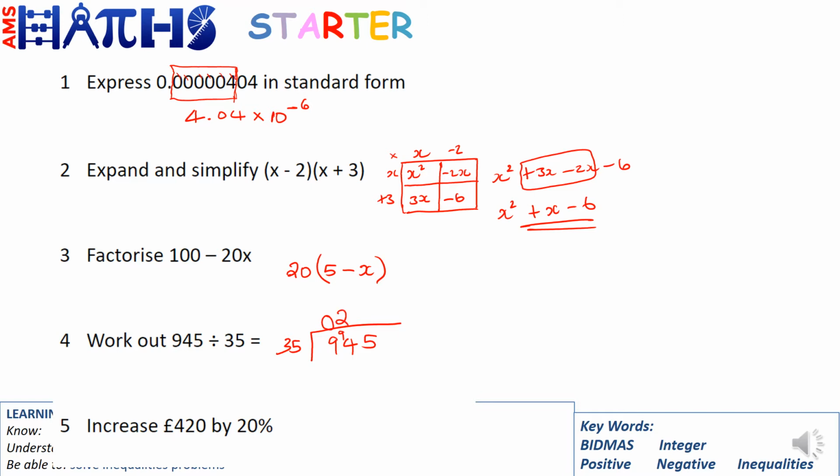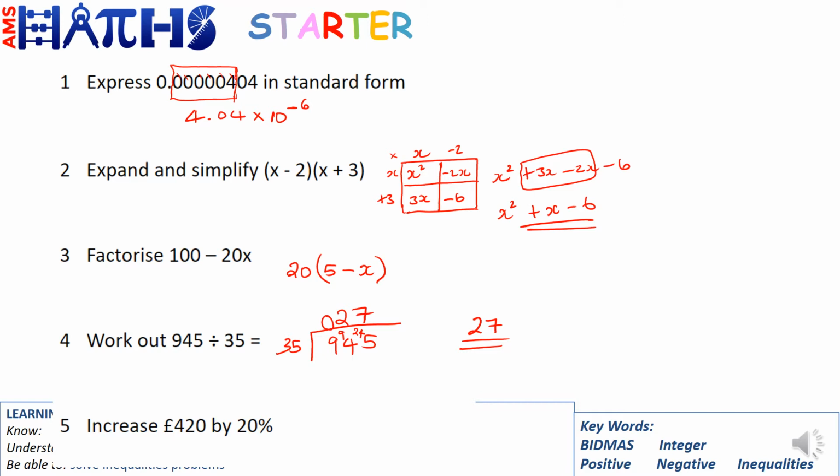So that's 70. Leaves us with 24. And then how many 35s are in 245? It's going to give us 7. So then our answer is 27.